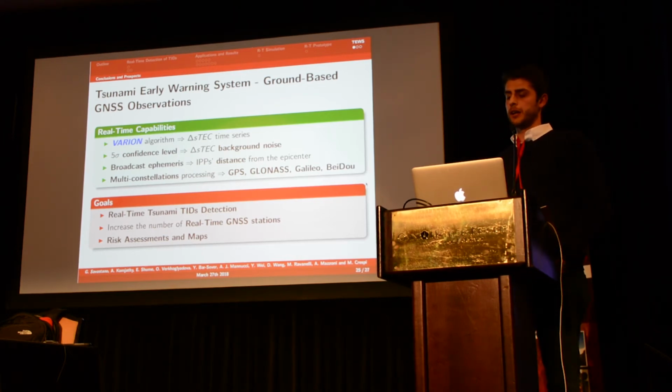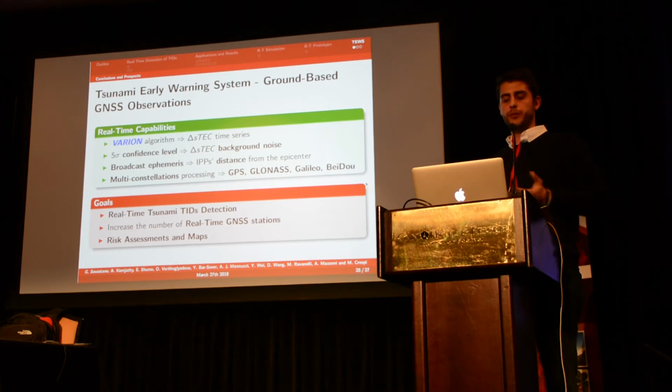And we are actually now processing several constellations. So we have a better coverage of the sky with different constellations at the same time. So the goal will be to move from this step 1 to step 2.